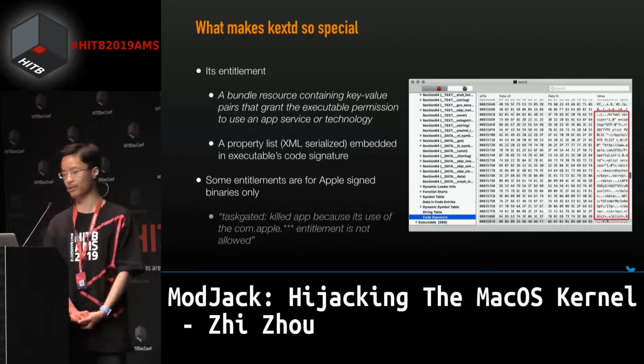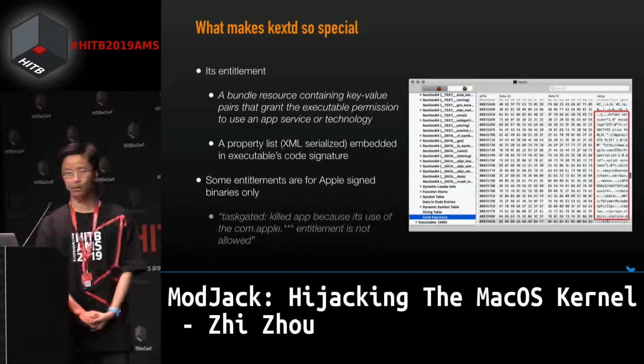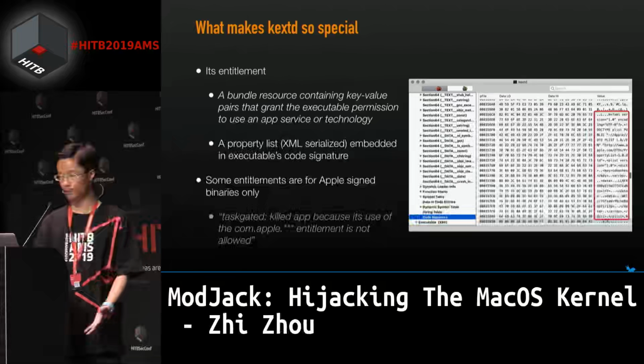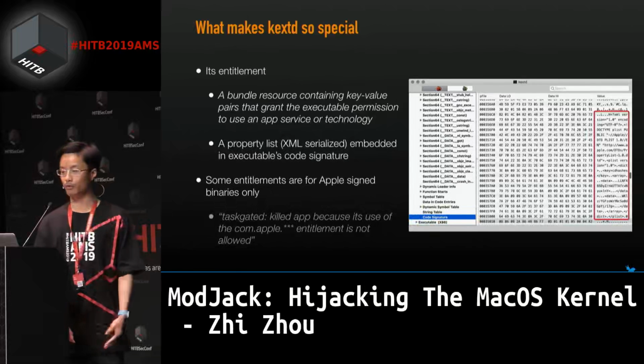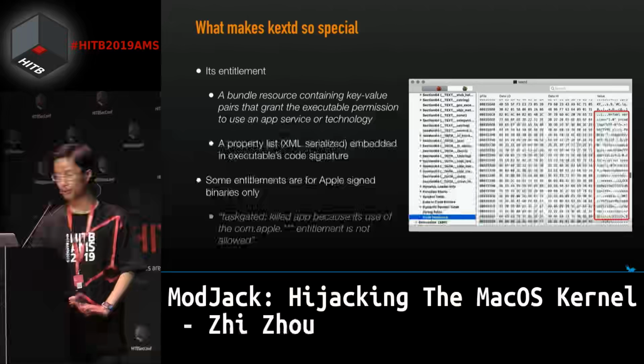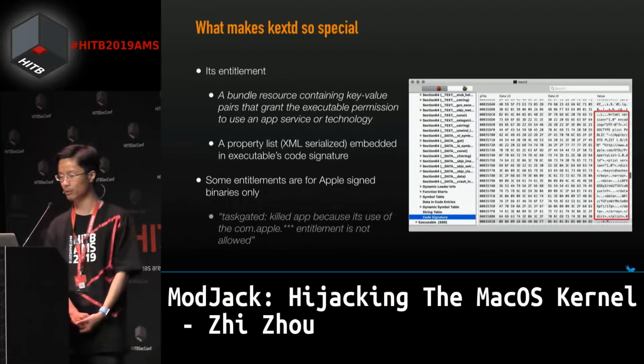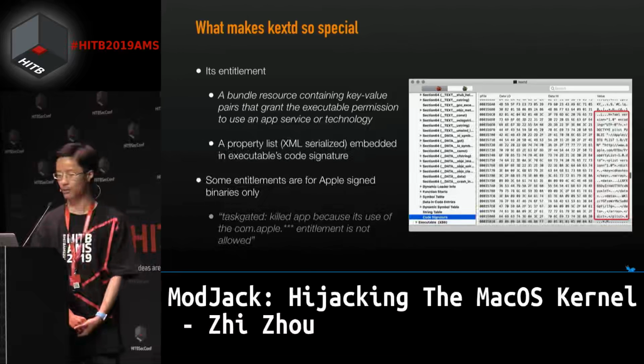The answer is its entitlement. What is an entitlement? This paragraph is copied from the Apple documentation. An entitlement is a bundle resource containing key-value pairs that grant the executable permission to use an app, service, or technology.